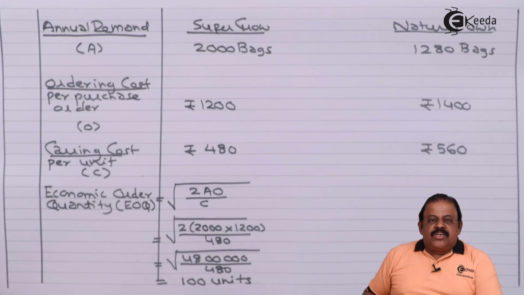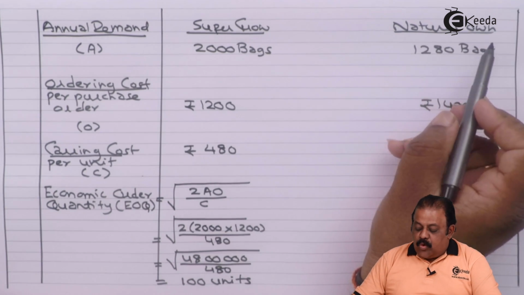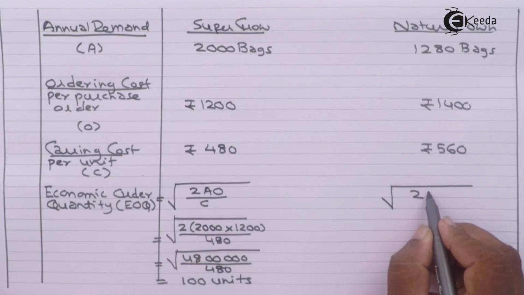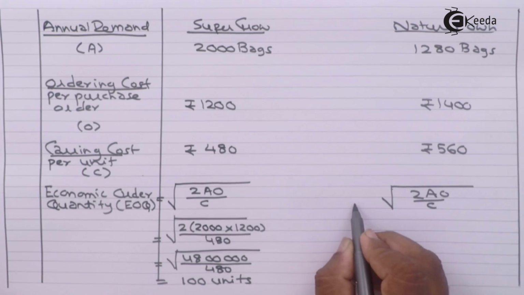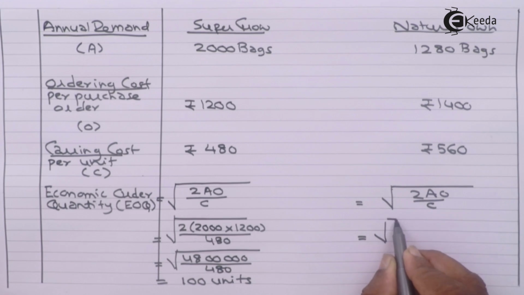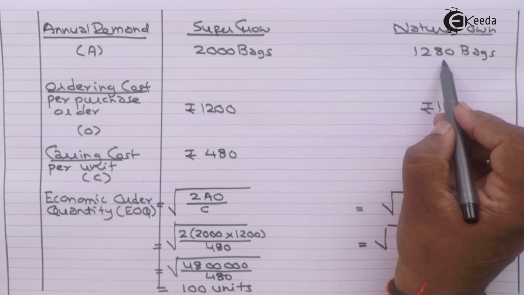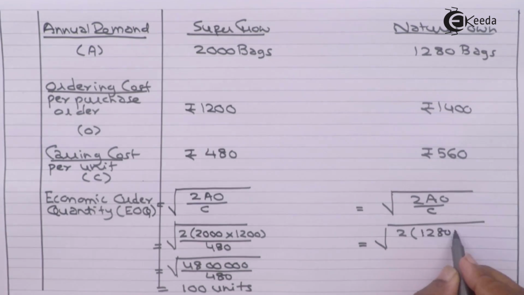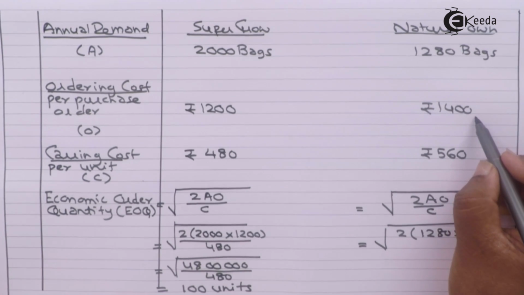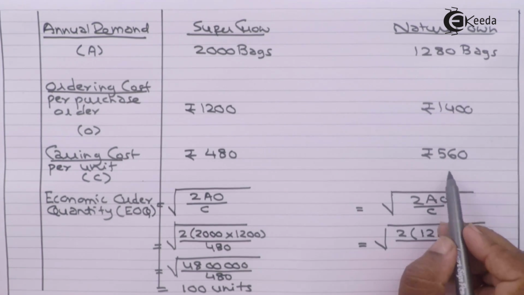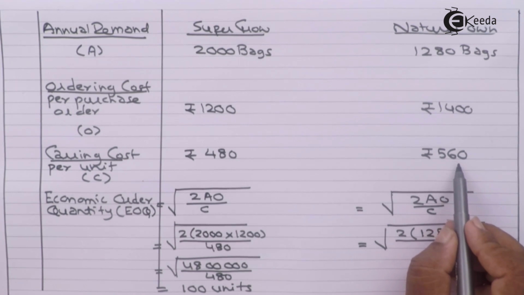We can now proceed to calculate for Nature's Own. Annual demand is 1280 bags. Ordering cost per order 1400 divided by whole 560.